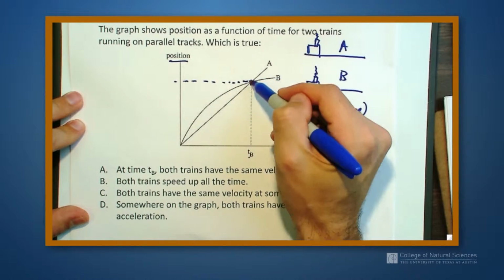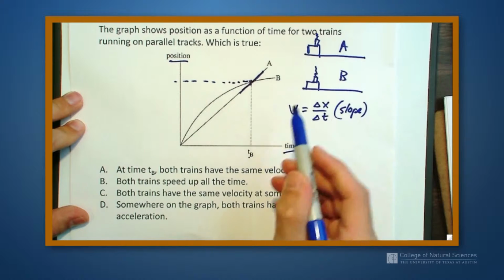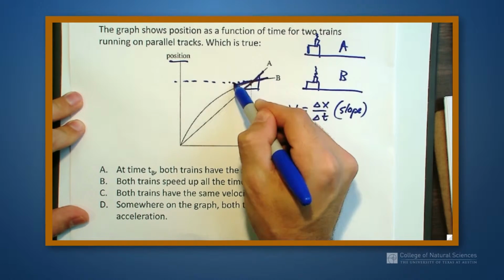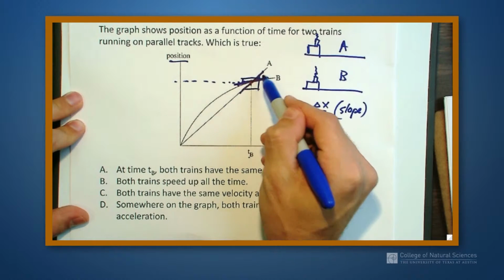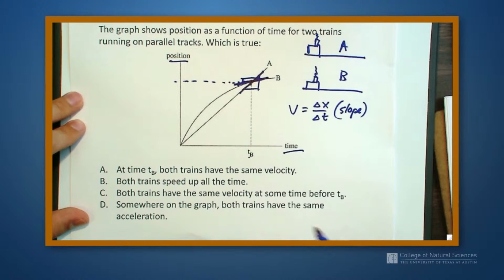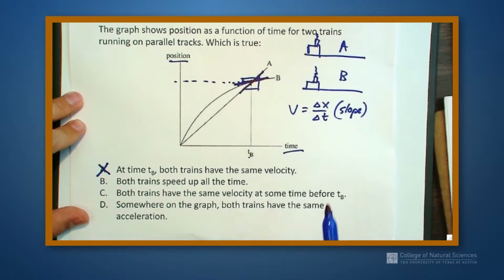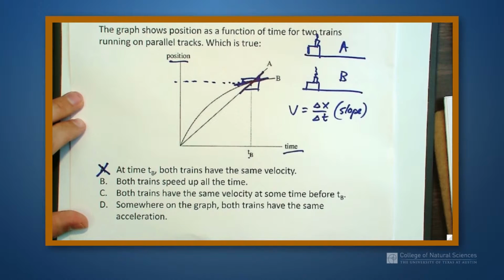So the slope of A is that slope. The slope of B is at a different slope. So this first choice is not right because they have different slopes. They're at the same position, but they're at different slopes.